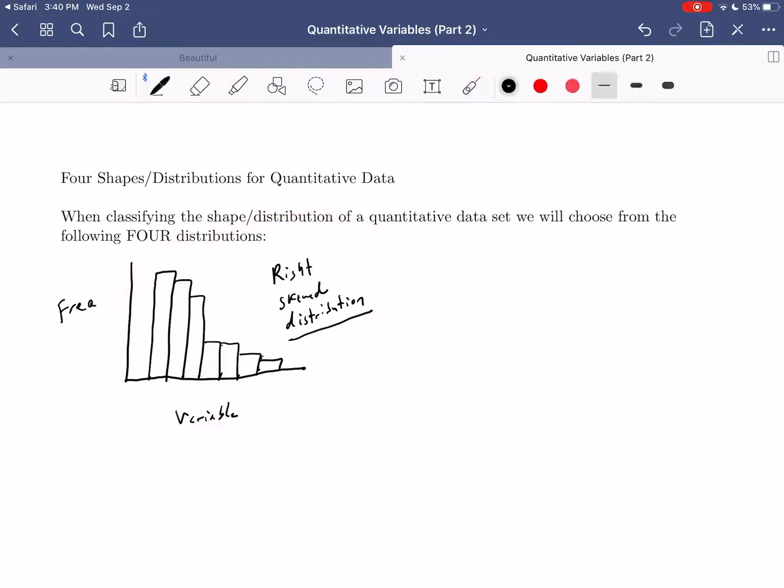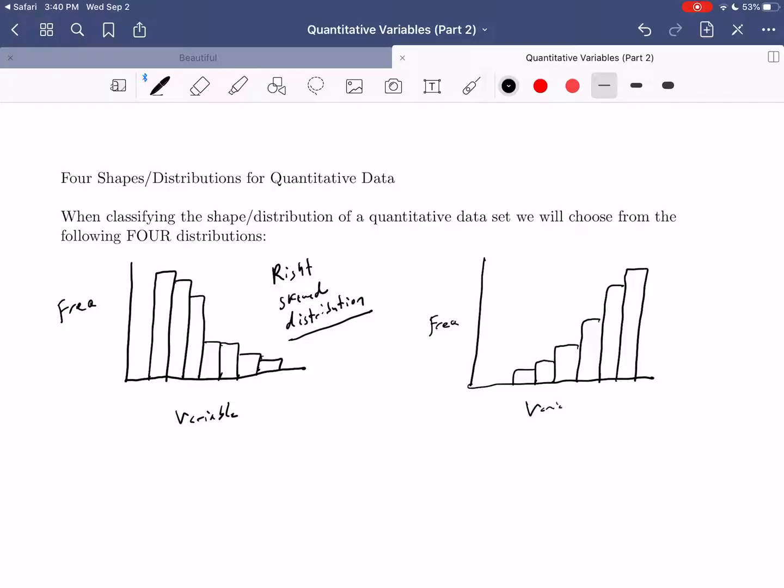There's of course a sort of reverse of this, the other way. So if when you're drawing your histogram, you end up with something where you have very tall bars over here, and then they get sort of shorter as you go this way. Then this, again, where this is the frequency and this is the variable, you'll notice that now we would view the tail as going this way to the left.